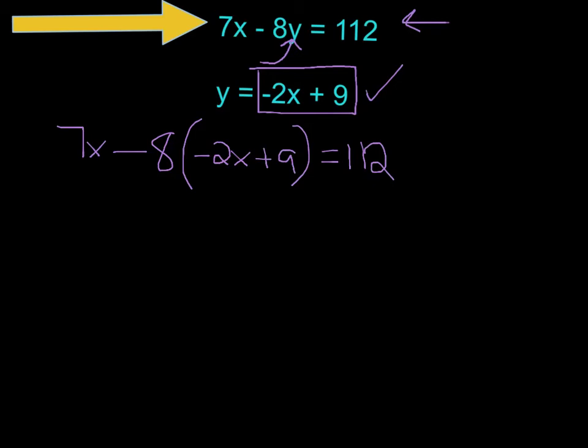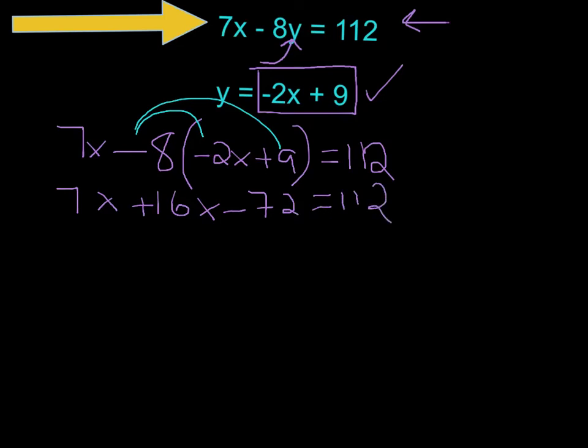So this is just a multi-step equation that we're going to solve for x. I'm going to distribute negative 8. So 7x, negative 8 times negative 2 is plus 16x, and negative 8 times 9 is negative 72, equals 112.